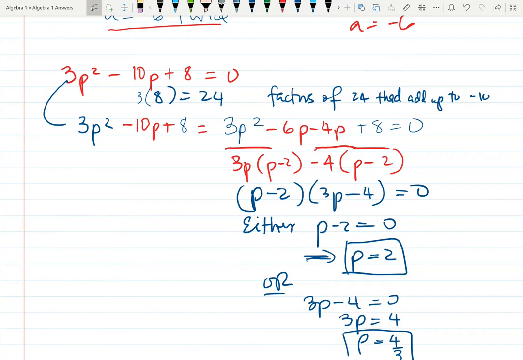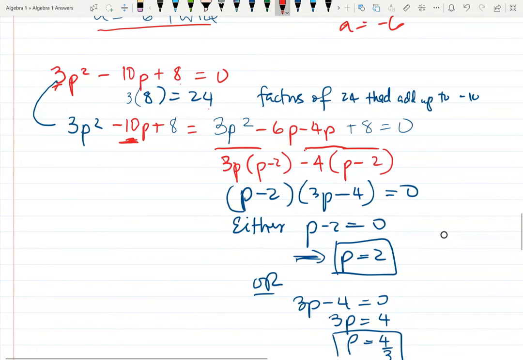Okay, 3p squared minus 10p plus 8 equals 0. AC method: you multiply the coefficient of the p squared by the last term, and you get 24. Factors of 24 that add up to negative 10 are negative 6 and negative 4. So you split up the negative 10, and you have 4 terms, and then you factor by grouping.